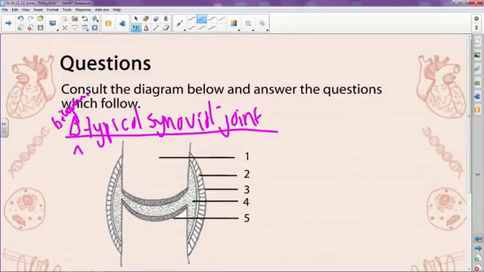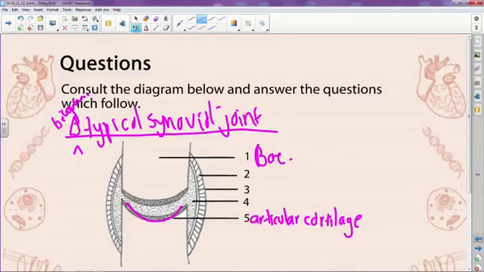Number 1 is a bone. Okay, number 5, I'm going to go with the ones that sometimes you find much easier. Is this cartilage? So it's my articular cartilage. If you write hyaline cartilage, it is fine. It is not incorrect. Now we come to the whole capsule. The first thing I notice, the easiest one, would be my synovial fluid.